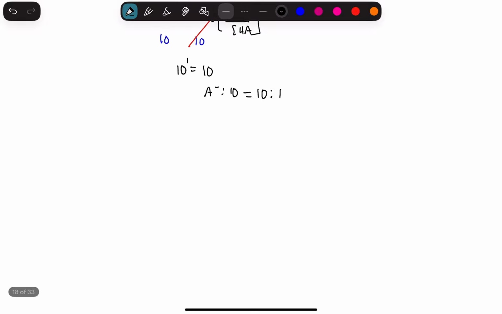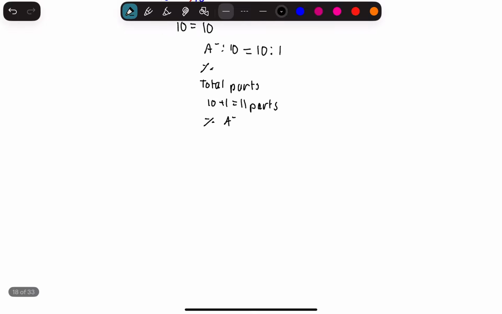Now we want to convert it to percent. We get the total parts: 10 plus 1 is 11 parts. Now we want the percent of A minus. We do 10 over 11, which is approximately 0.91, or approximately 91%.